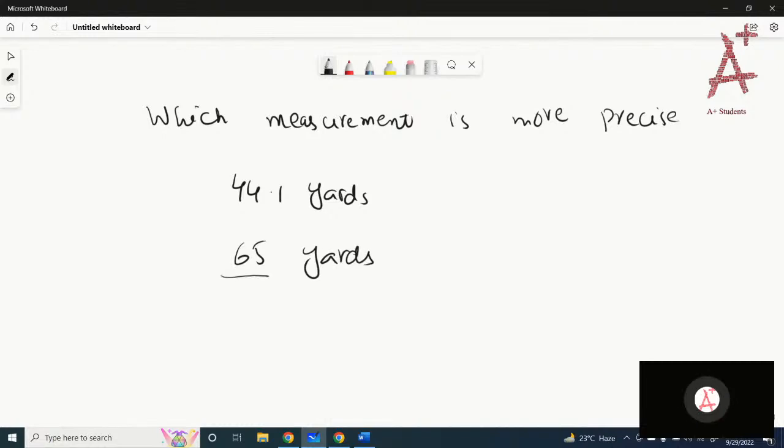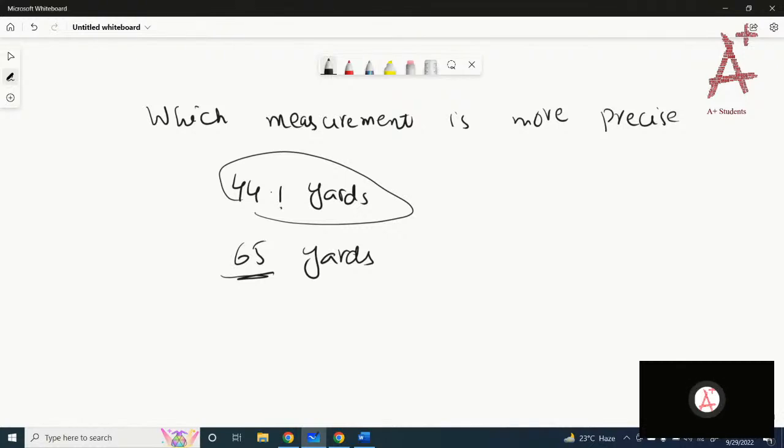See, 65 is measured to yards, but 44.1 is measured to the tenth of a yard. So the one that has more decimal places is more precise than the other one. So 44.1 yards is the more precise. That is the correct option. Got it?